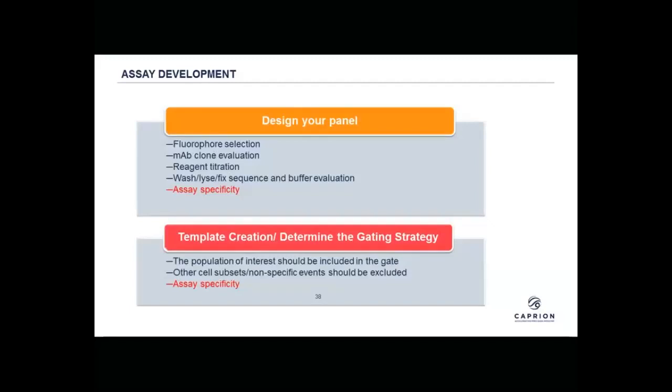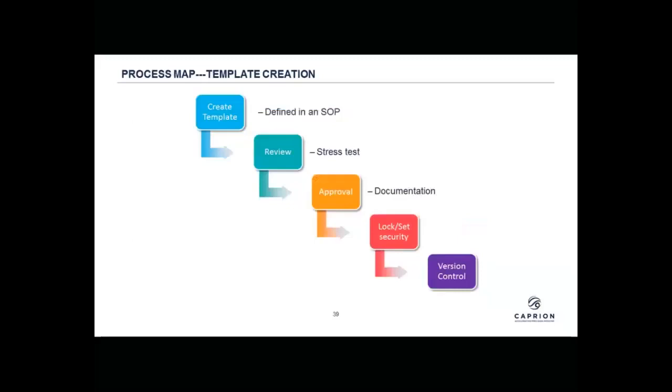Now we can design our templates for acquisition and analysis. And obviously our data analysis templates. We need to ensure that the population of interest is within our gate, and other things are not. And this contributes to assay specificity. So in a regulated environment, we're talking about the method quality pillar right now.